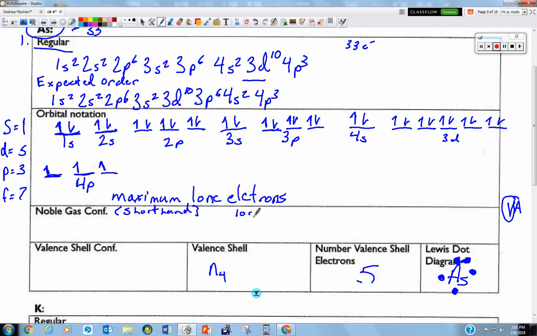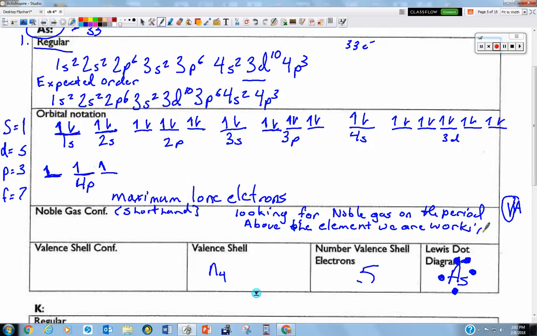We are looking for the noble gas on the period above the element we are working with.